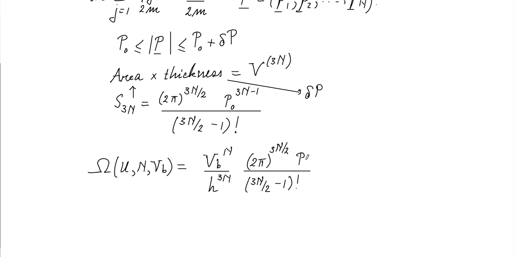We have a P0 to the 3n minus 1. And then we have a delta P, and we had already agreed that we should calculate the number of states within the shell of thickness delta P, and then we divide by delta P, so that delta P then cancels.